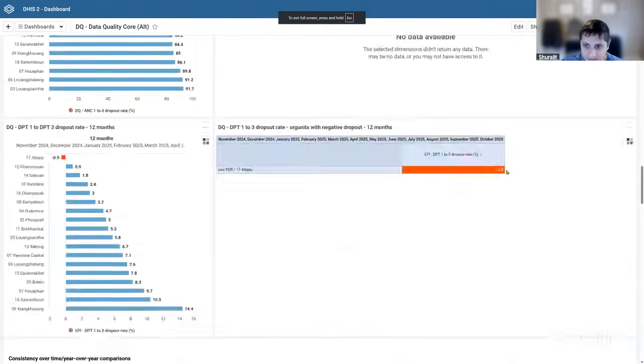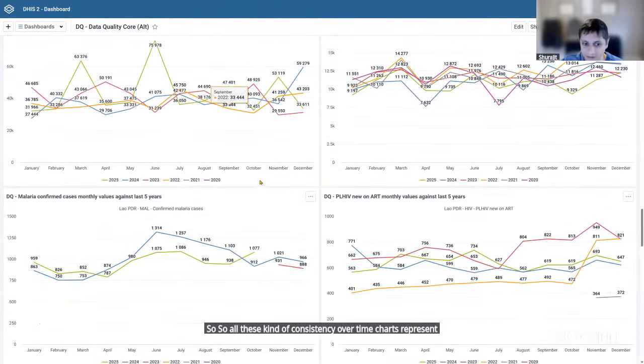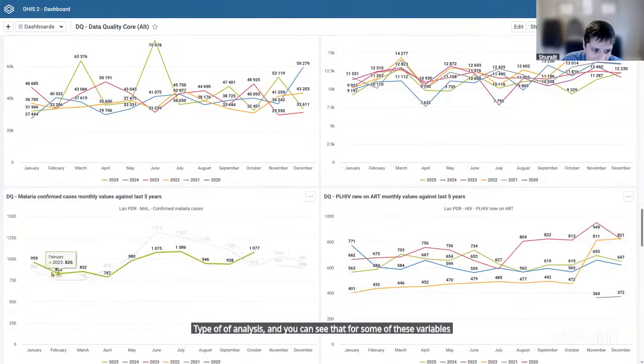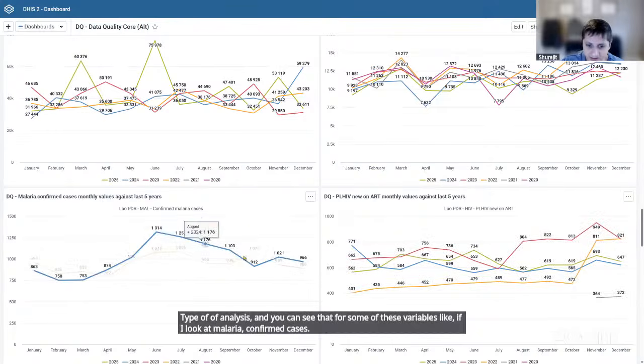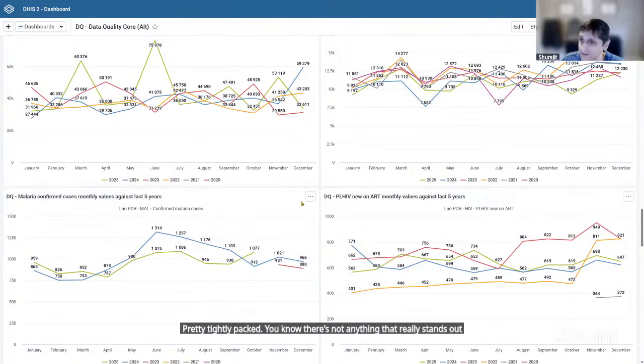So all these consistency over time charts represent a very similar type of analysis. And you can see that for some of these variables, like malaria confirmed cases, there's not really any significant variation from year to year. It's pretty tightly packed. There's not anything that really stands out from here. That doesn't mean there's not any problem.